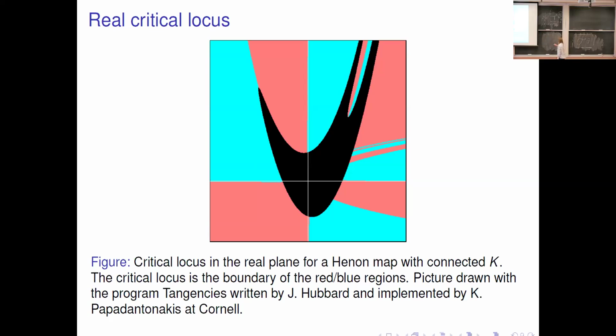Let me take the leaf of L plus and show the critical locus on this leaf. So we have G plus equals R, another G plus equals R, where R is big. So the critical locus is a figure 8. This is the pre-image of the primary component.